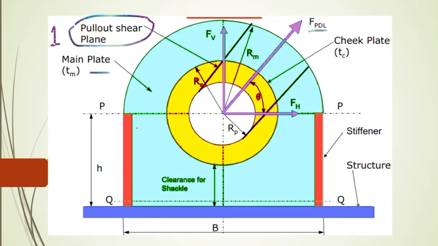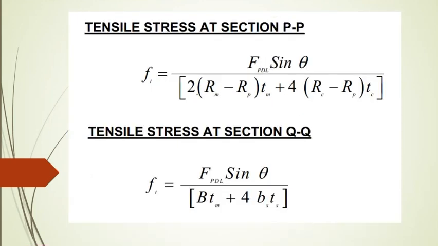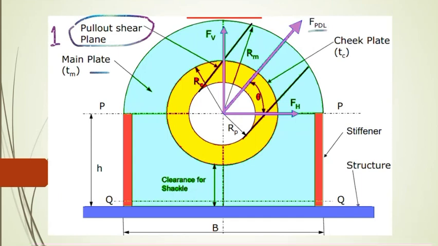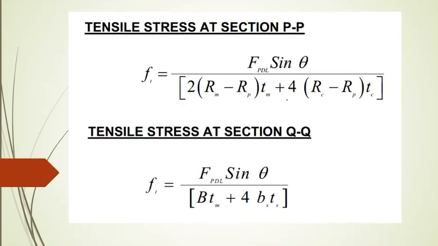So FV is the force into sine theta, times Rm minus Rp into thickness of main plate. And that's one plane from here to here, Rm minus Rp. That's the area of main plate 2 times, and cheek plate will be 4 times, 4 times radius of cheek plate minus pin minus thickness.